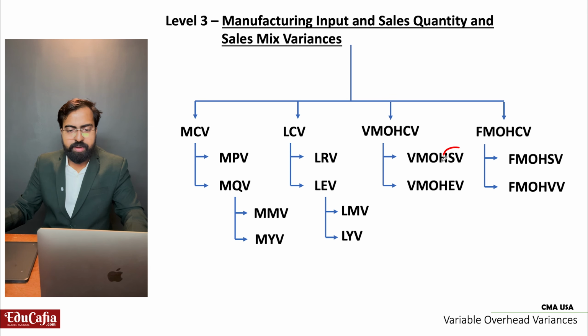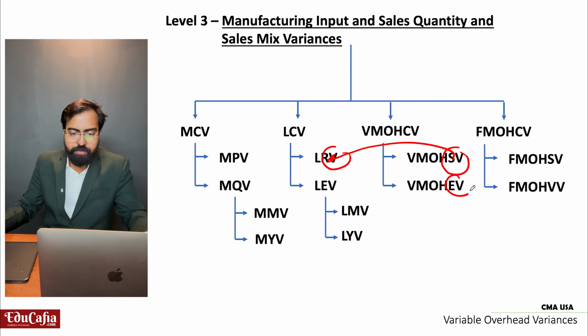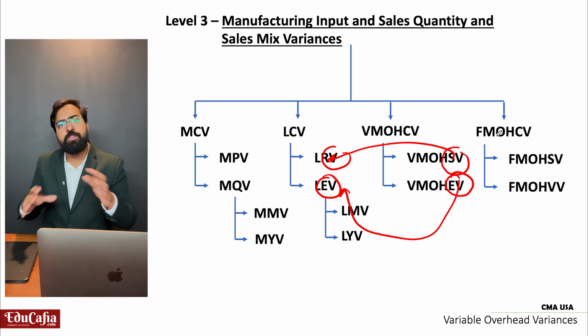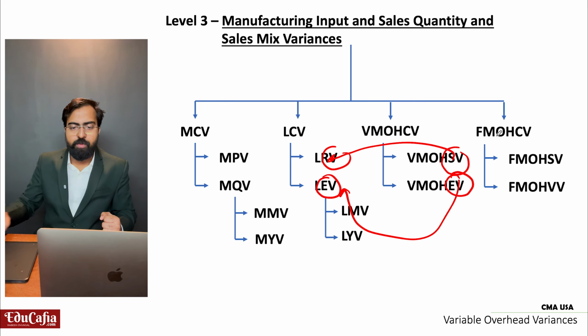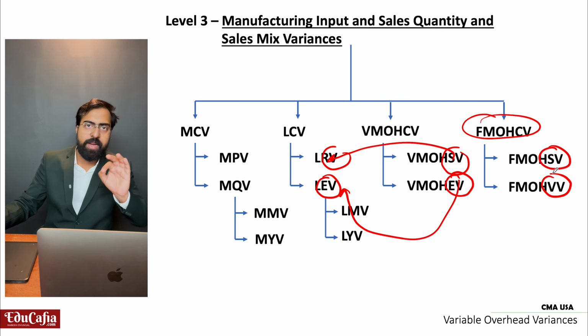This is spending variance. Spending variance is similar to rate variance, so the equation is the same. Here it is efficiency variance. Efficiency variance is similar to the efficiency variance in the variable case, so here also the equation is the same. When it comes to the fixed manufacturing overhead, here is also spending variance, but one change is there, volume variance, which we can discuss there.